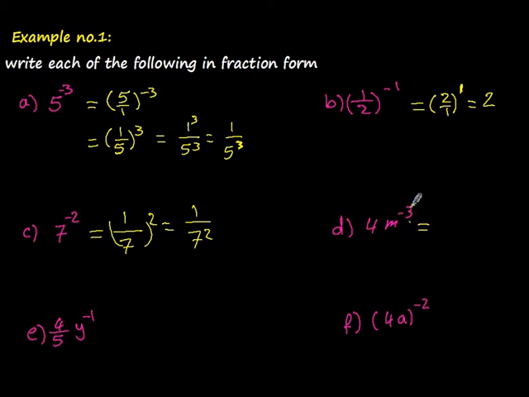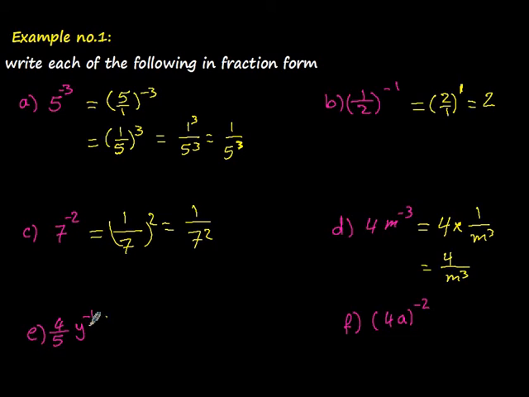So here we need to deal with m to the power of -3. We don't have any problem with 4, just drop the 4, and we have now m to the power of -3. Here we multiply 4 by 1 over m to the power 3, which is actually 4 over m to the power 3.